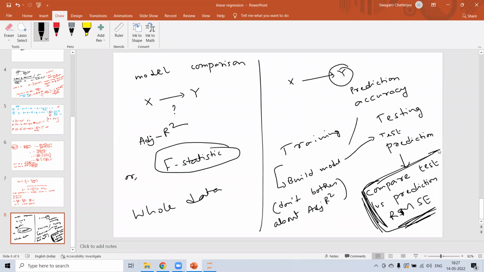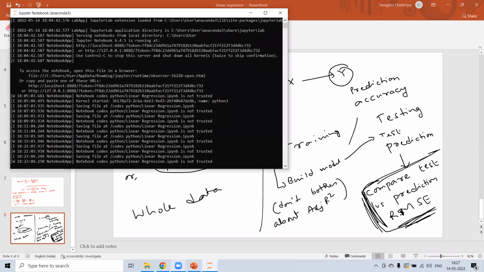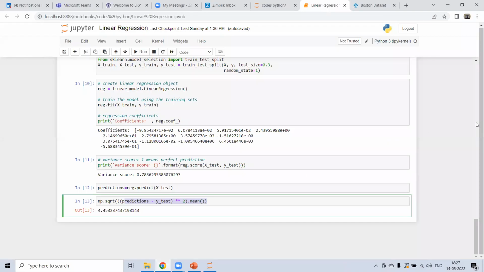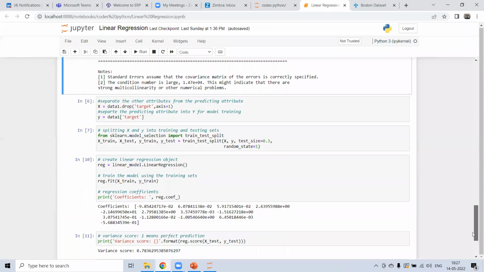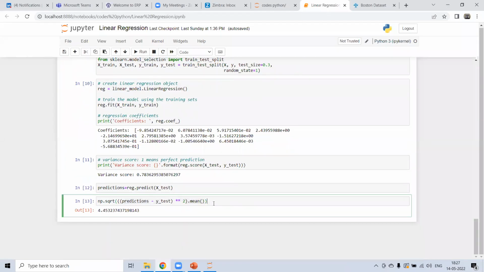So this is how the modeling works. That's why in one case I was asking you to focus on the adjusted R-square score, and in another case, when I am trying to predict the future, I was asking you how to calculate the RMSE score.